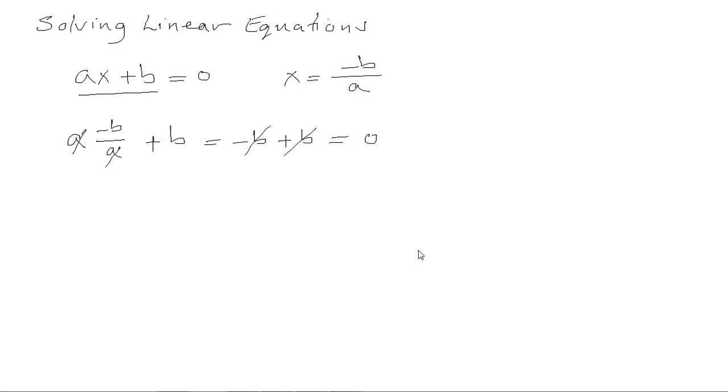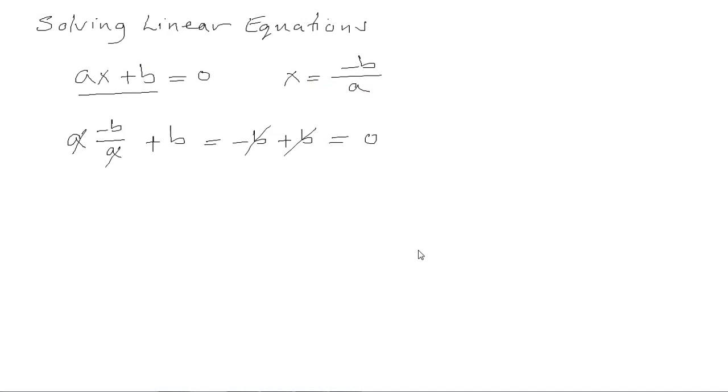So as you can see, x equals minus b over a is a solution to the linear equation because it satisfies the linear equation. In other words, if I plug in the value minus b over a for x into the equation, then the equality works.